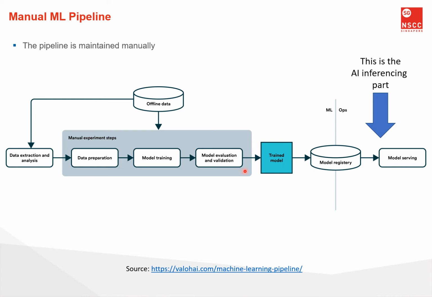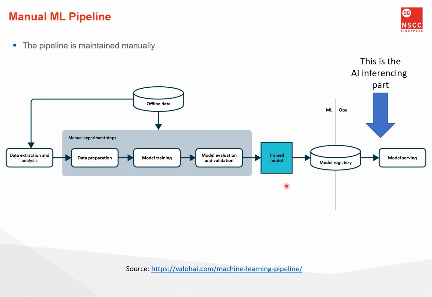Finally, the output is the trained model, which we are going to store away into our model registry or our container registry so that we can use it later on for inferencing. So this part here is the machine learning training portion of it, whereas the more operational or inferencing side is everything on the right hand side.